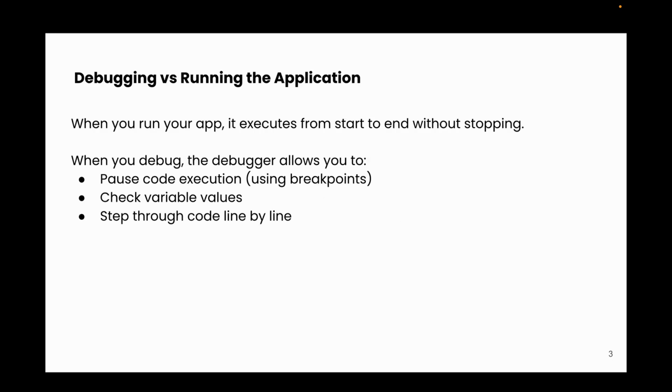Now let's see the difference between debugging and running the application. When you run your app, it executes from start to end without stopping. But when you debug, the debugger allows you to pause the code execution, check the variable values, and go through the code line by line using various debugging features like step over and step into.